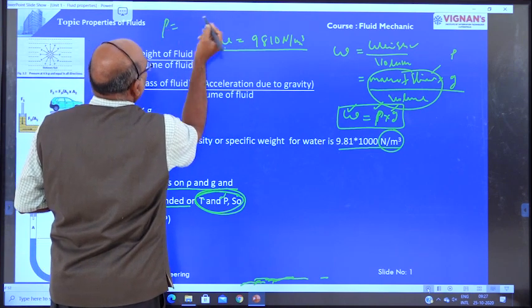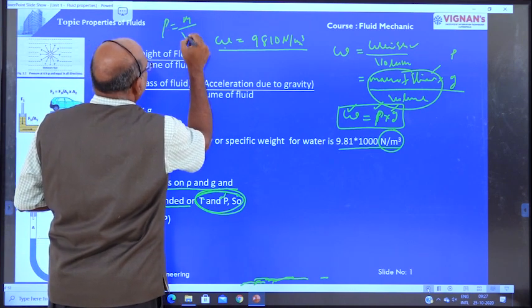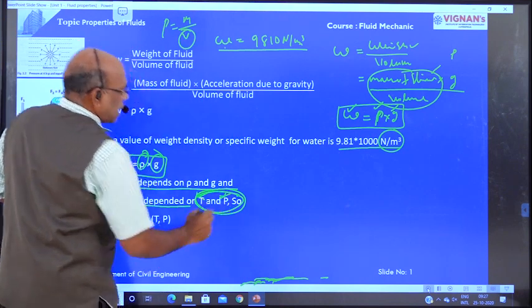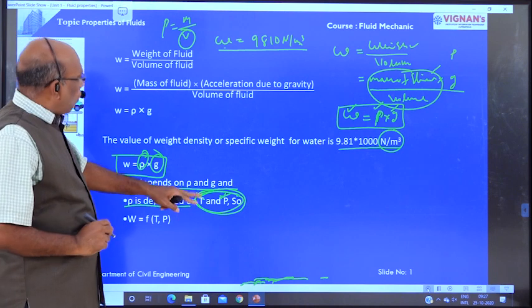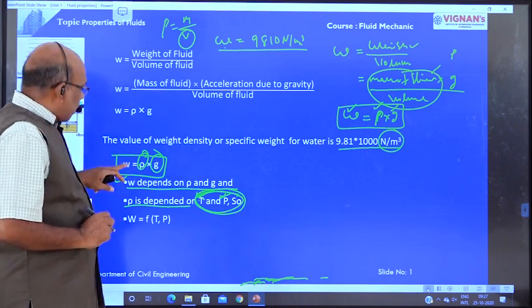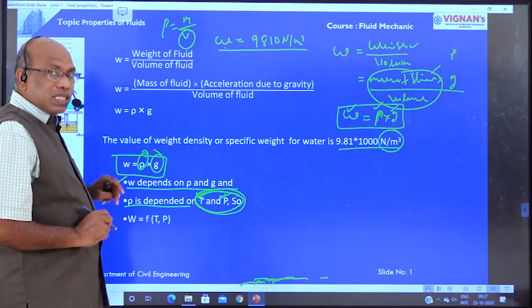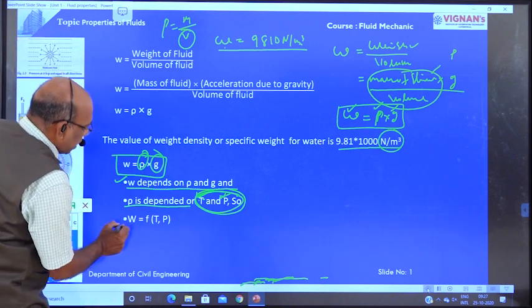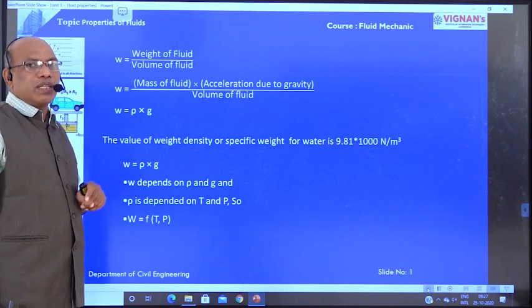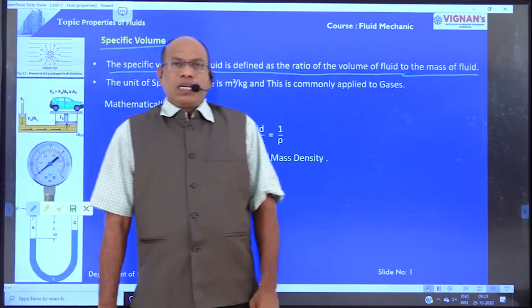Rho is equal to mass by volume. If the volume changes with respect to temperature and pressure, therefore the mass density depends on temperature and pressure, but the weight density depends on the mass density. Therefore weight density is a function of temperature and pressure, right? This is about specific weight or unit weight or weight density, right?